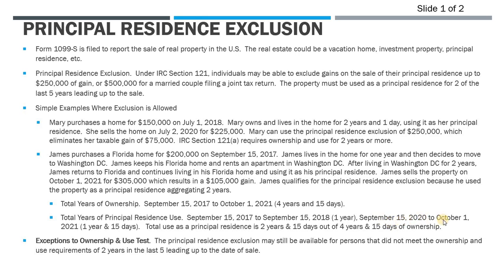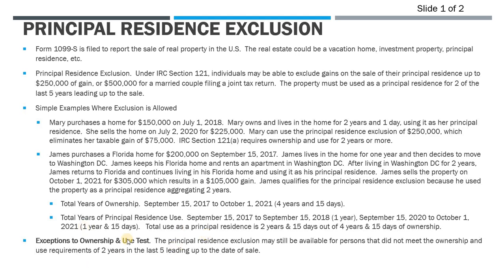And then for the next 2 years, he was in D.C., so he still owned it, but he didn't use it as his principal residence. But then when he moved back, he used it as his principal residence for a year and 15 days. And so when you add up the total use as a principal residence, he gets to 2 years and 15 days out of 4 years and 15 days of ownership. So he still qualifies for the exclusion.